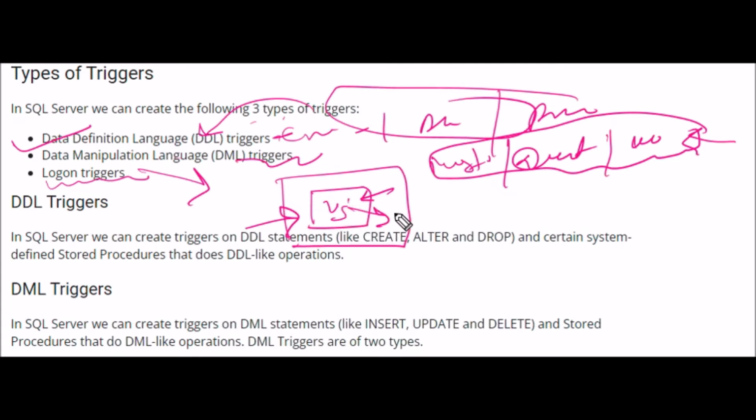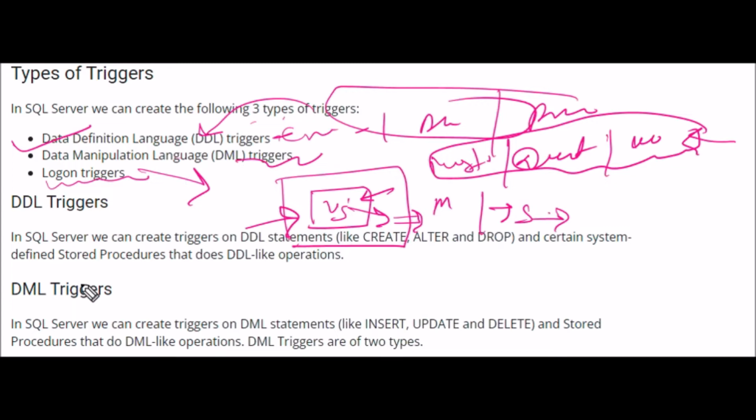Basically, logon triggers are used for security purposes in Microsoft SQL Server, to track which person logs in to SQL Server and at what time. SQL Server maintains a log whenever you log in to perform any operation. This situation is called a logon trigger.